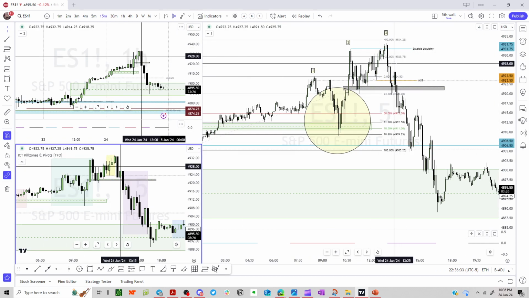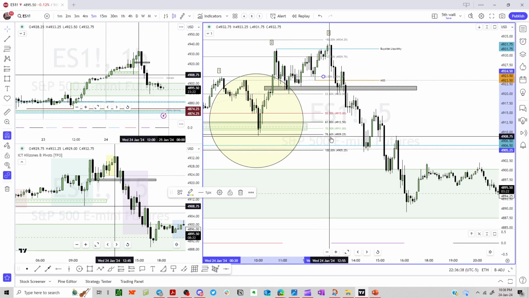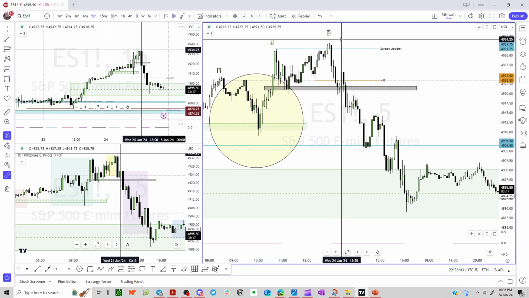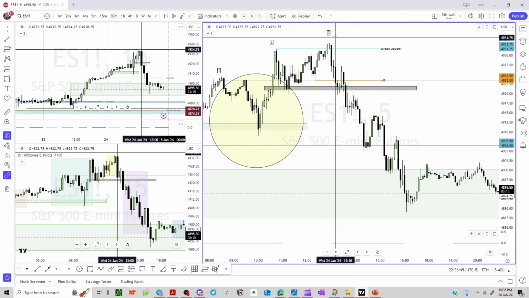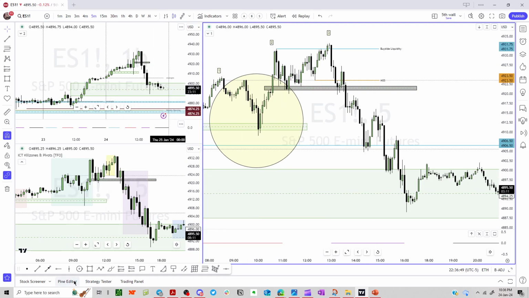And here on the 5-minute you have, so that's the long during the AM session, and you have a short situation during the PM session. Same situation with this inverted fair value gap.